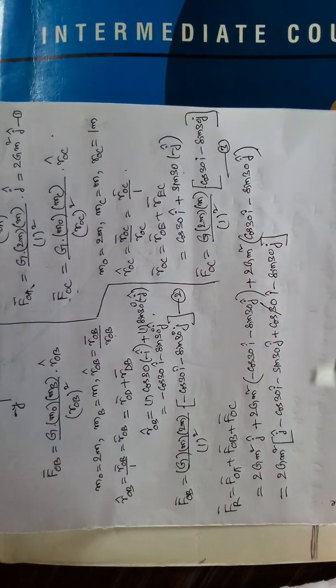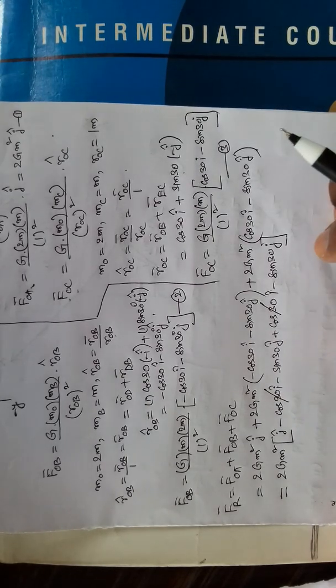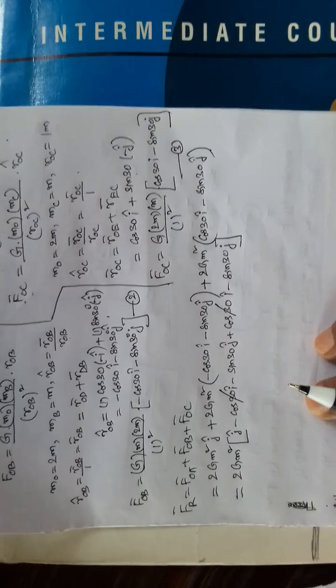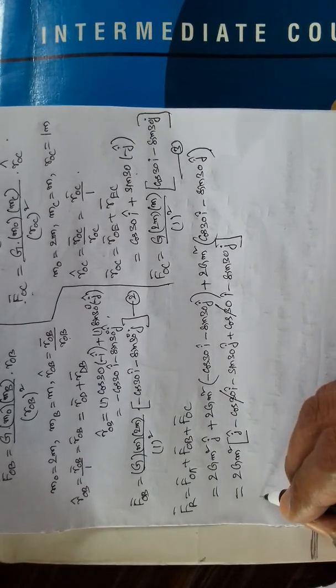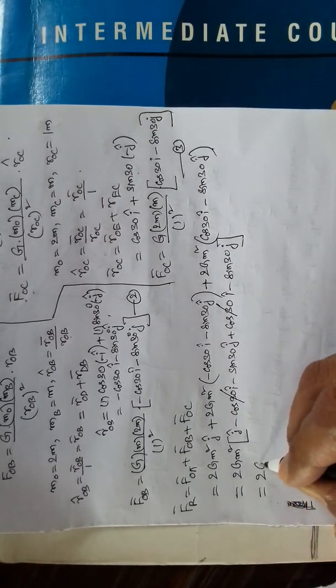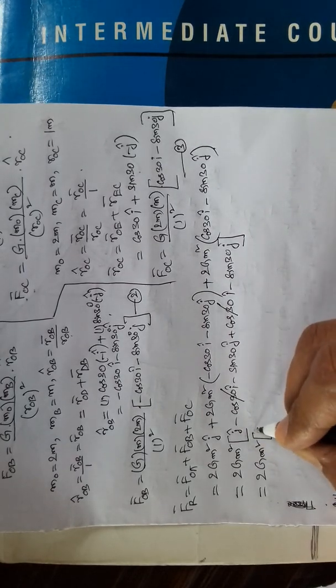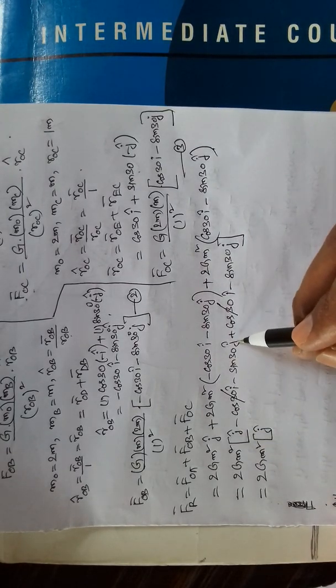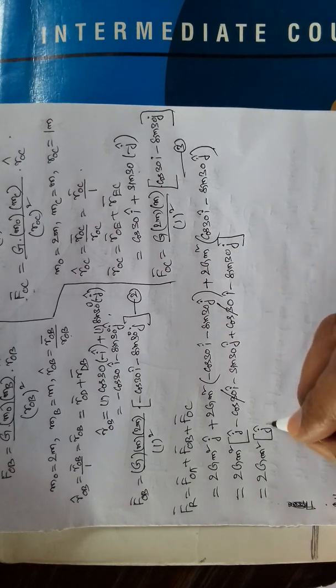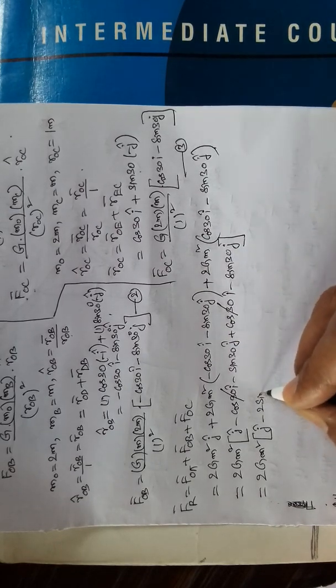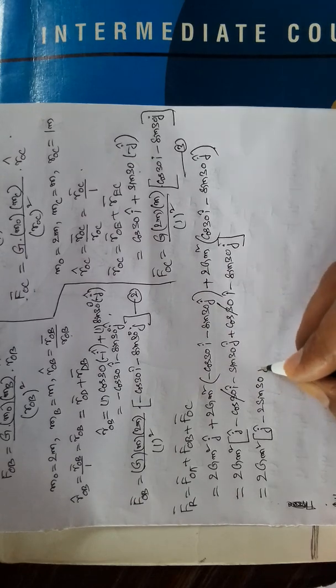Plus cos 30 i minus cos 30 i cancels, then j minus sin 30 j minus sin 30 j, minus 2 sin 30 j.